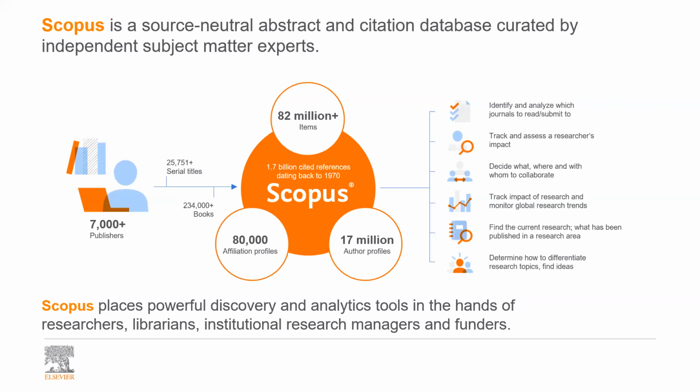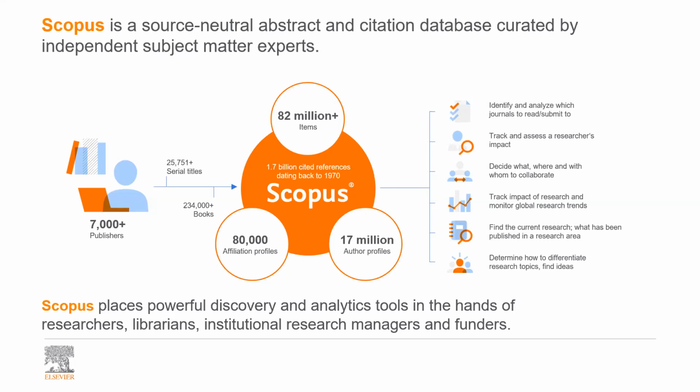We can check if a topic is still trending and test the topic before diving into the effort and the literature review, and determine how to differentiate between research topics and find ideas. That's exactly how the Scopus database helps with all of these.